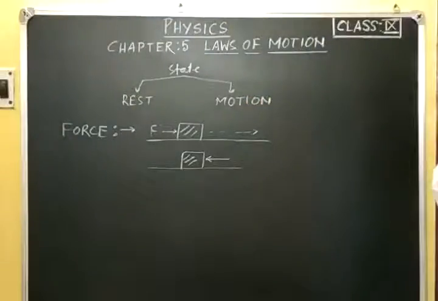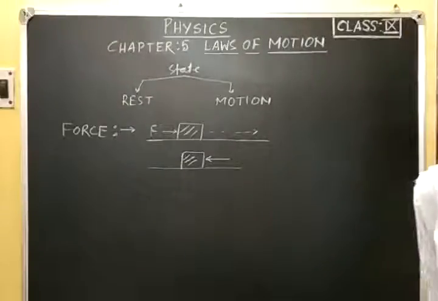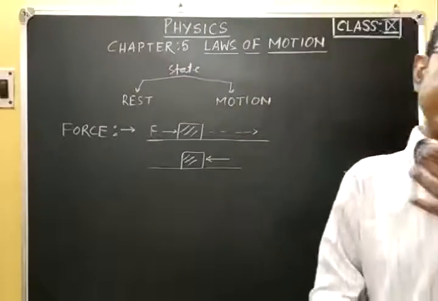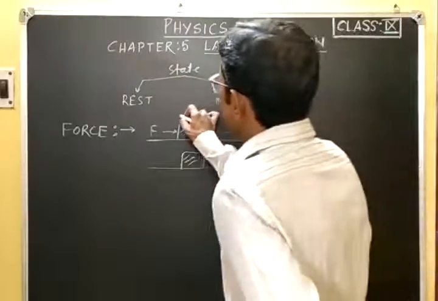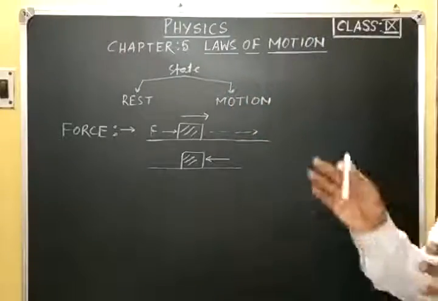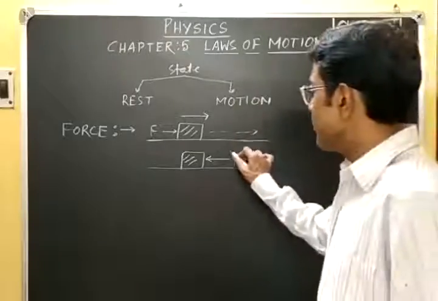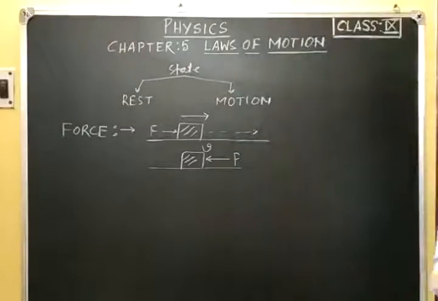So, force can change the state of rest or the state of motion depending upon the direction in which the force is applied. If the force is applied in the direction of the motion, then the body will move or increase its velocity. And if the force is applied opposite to the direction of motion, then the body will stop. So this is force.